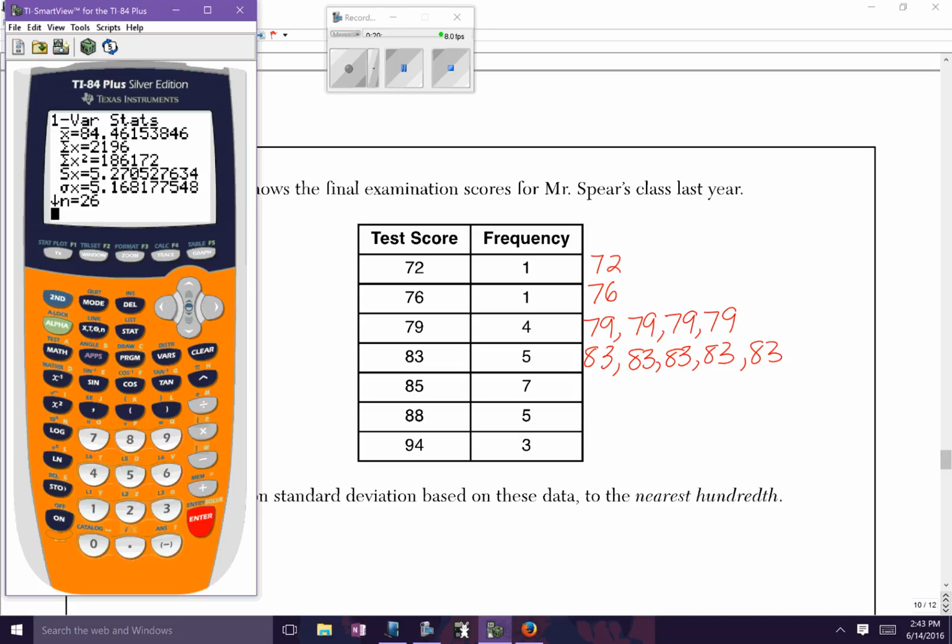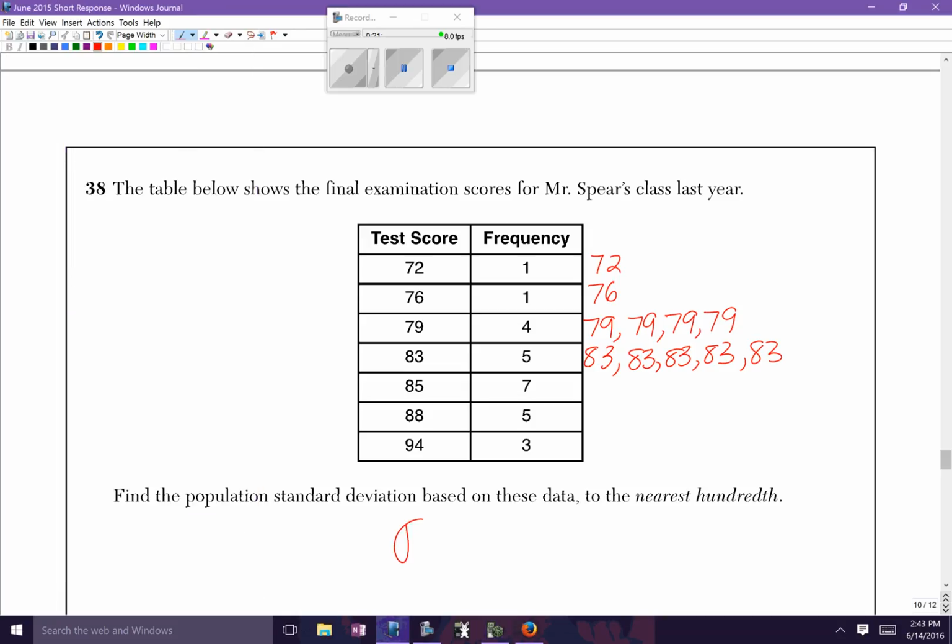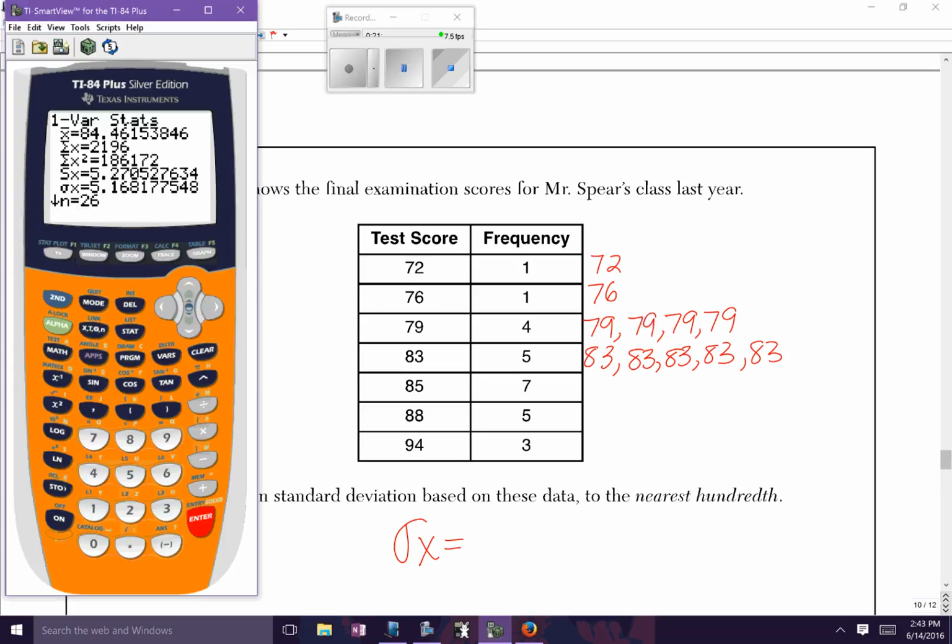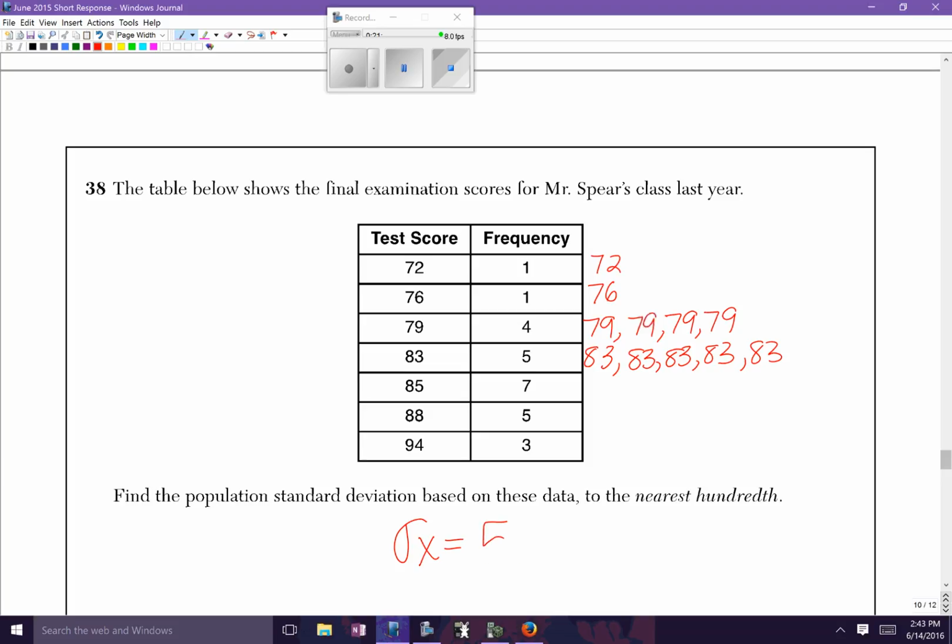Then the summation of X squared, S of X, and then the standard deviation of X. It asked us for the population standard deviation. The SX is the sample standard deviation. So we are going to go with this value that looks like this. And if you look on your calculator, they asked for the nearest hundredth, so that would be 5.17. And that answers that one.